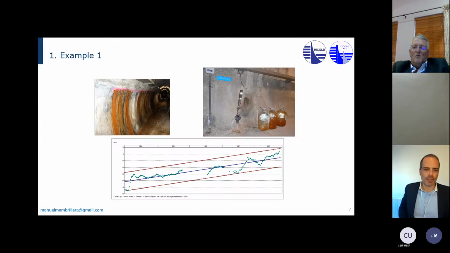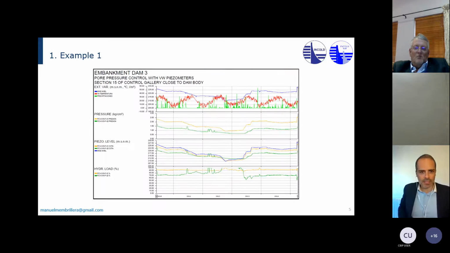And if we have a look at the statistical model for specific piezometers, even though you can see here that just with the pool levels and the piezometer, it's very close to the reservoir levels.